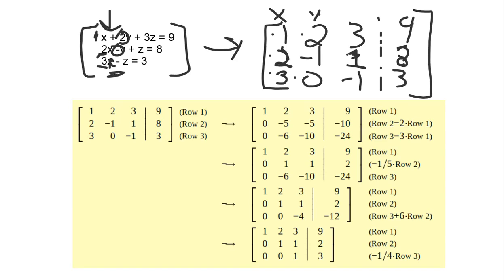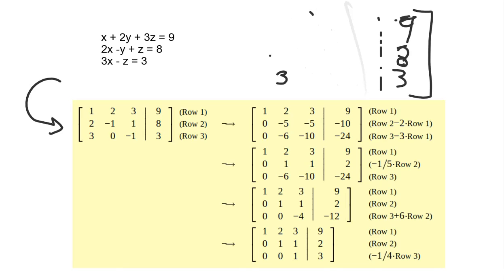If the variable does not show, that just means it has a coefficient of 0. Then in my z column, I have a 3, +1, -1, and then my solutions are 9, 8, and 3, which I have written down here, just a little neater so you can actually read it.